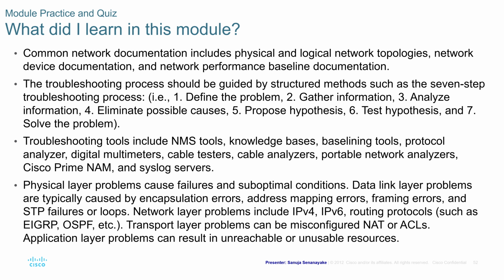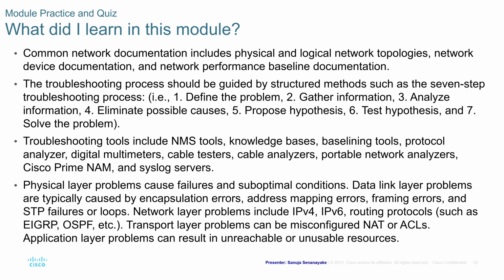Troubleshooting tools include NMS tools, knowledge bases, baseline tools, protocol analyzers, digital multimeters, cable testers, cable analyzers, portable network analyzers, Cisco Prime NAM, and syslog servers, and some other items that we may not have covered in this lecture. So physical layer problems causes failures and suboptimal conditions. Data link layer problems are typically caused by encapsulation errors, address mapping errors, framing errors, and STP failures or loops.